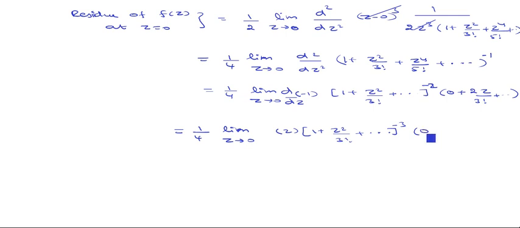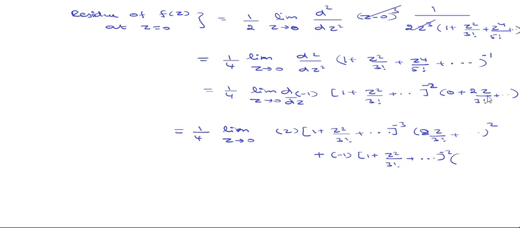So we get 2z by 3 factorial plus etc. This one square plus, so we have to apply the UV rule here, so product rule. So this we will have minus 1, 1 plus z square by 3 factorial plus etc. power minus 2. Here we have to differentiate this.